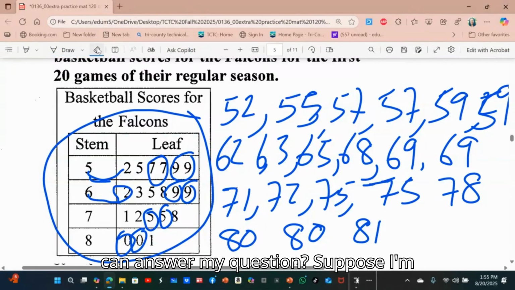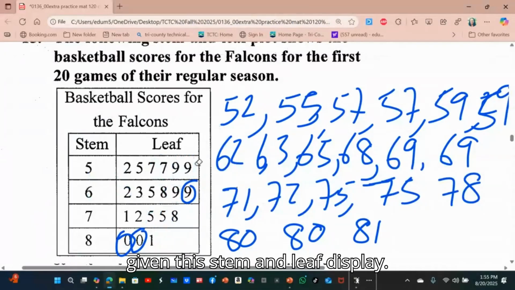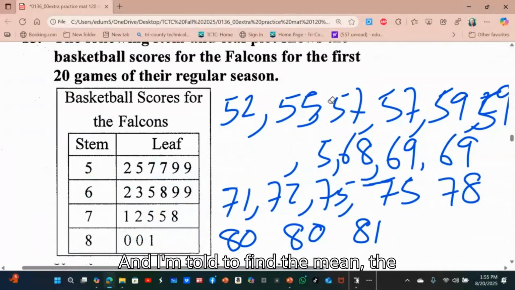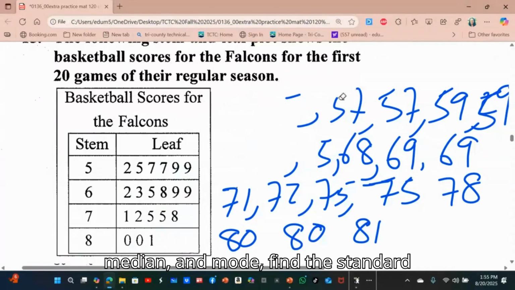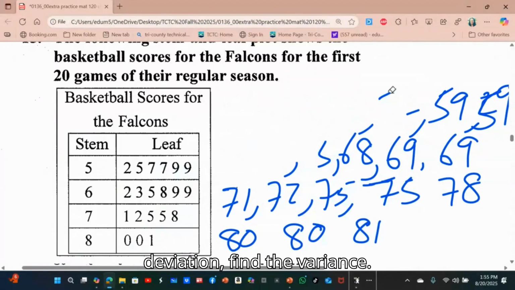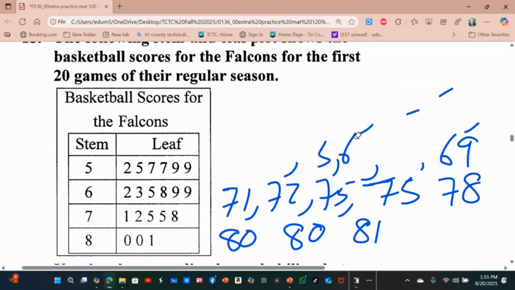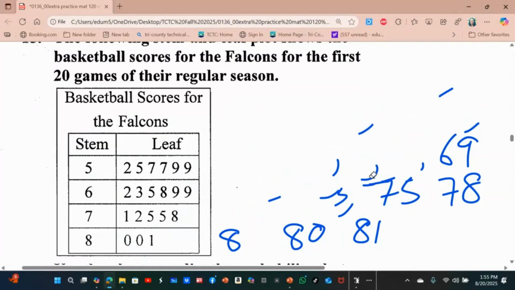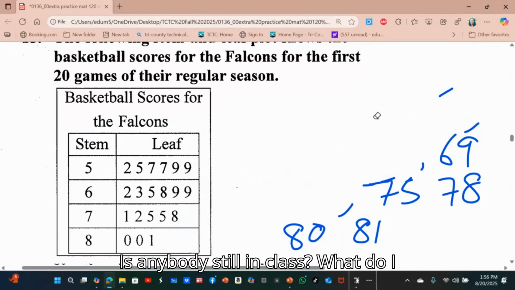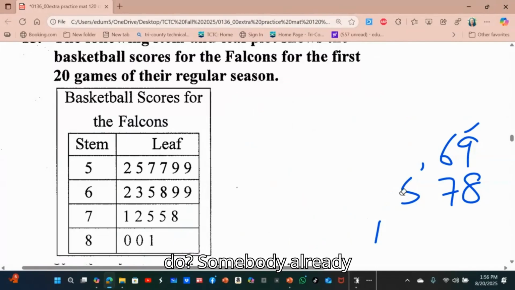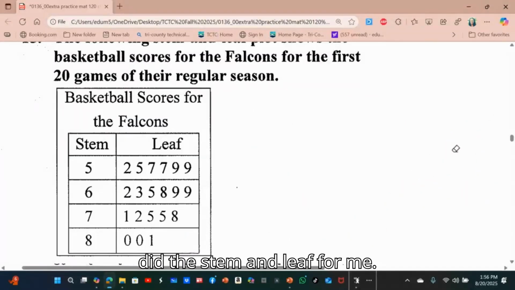Is there anybody who can answer my question? Suppose I'm given this stem and leaf display, and I'm told to find the mean, the median, and mode, the standard deviation, the variance. Is anybody still in class? What do I do? Somebody already did the stem and leaf for me, and they want me to find the mean, the median, and the mode.